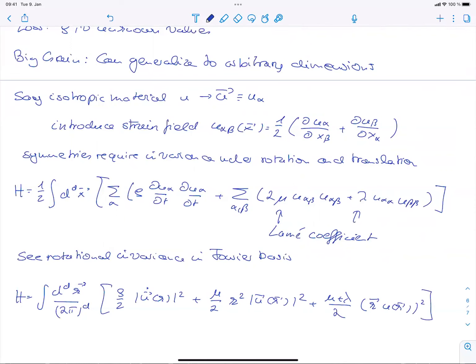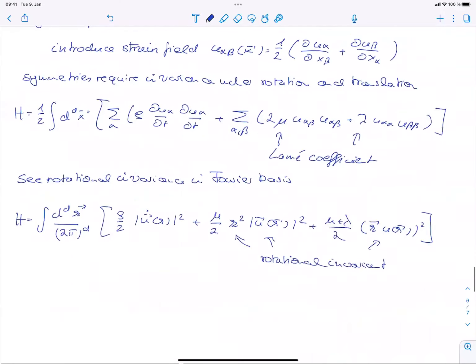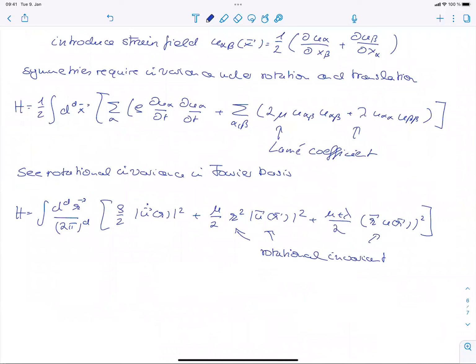And so these are then all rotational invariant. And so just by starting from the symmetries to set up the Hamiltonian going into Fourier space, again in Fourier space, we can directly read off the dispersion relationships.